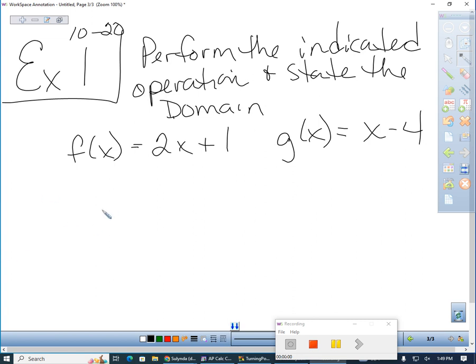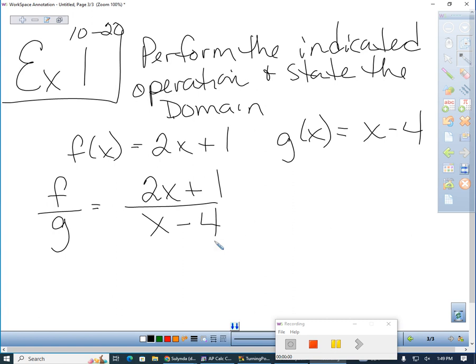First operation we're going to do is f divided by g. So I literally take my f function and put it over my g function. Then I say, is there an x in the denominator?